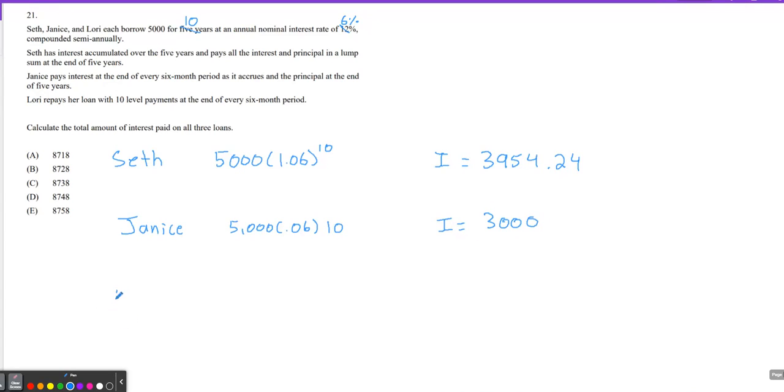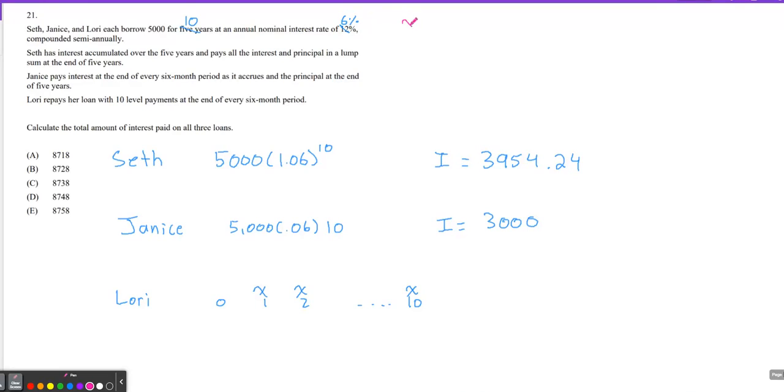And now Lori. Lori has 10 level payments. Okay. So we can create a little diagram right here, timeline. We don't know how much she pays. Okay, and then we could do it a shortcut way using the annuity notation, but we can also just discount it.